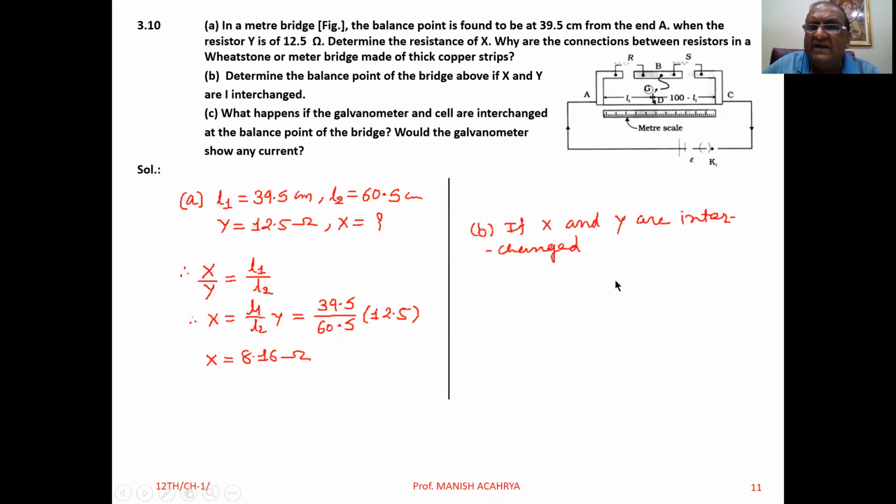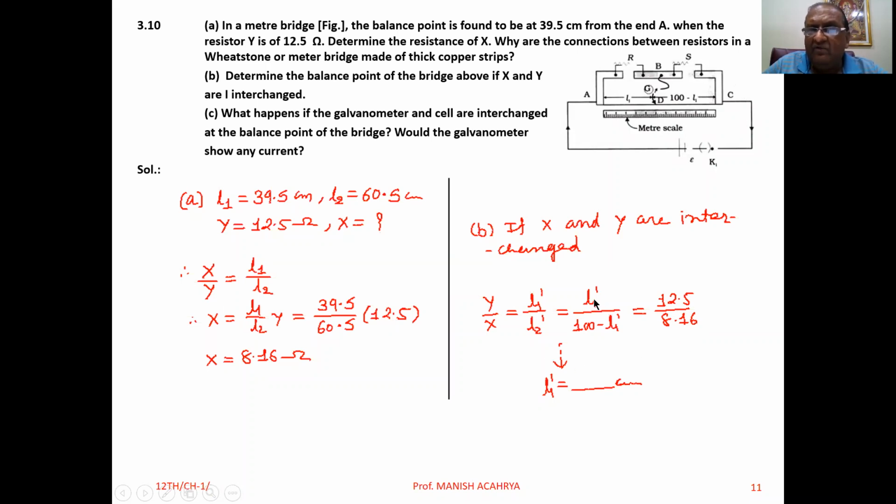Now if X and Y are interchanged, then Y by X we can write equal to L1 dash upon L2 dash. But this L2 dash you can write as 100 minus L1 dash. Now Y is 12.5, X we already calculated as 8.16.